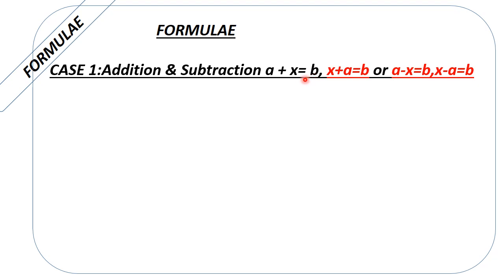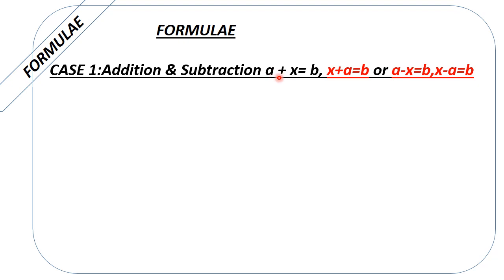In all the cases, our job is going to be to make x subject of the formula. So we're going to understand what subject means, and then we're going to learn how to make x subject.